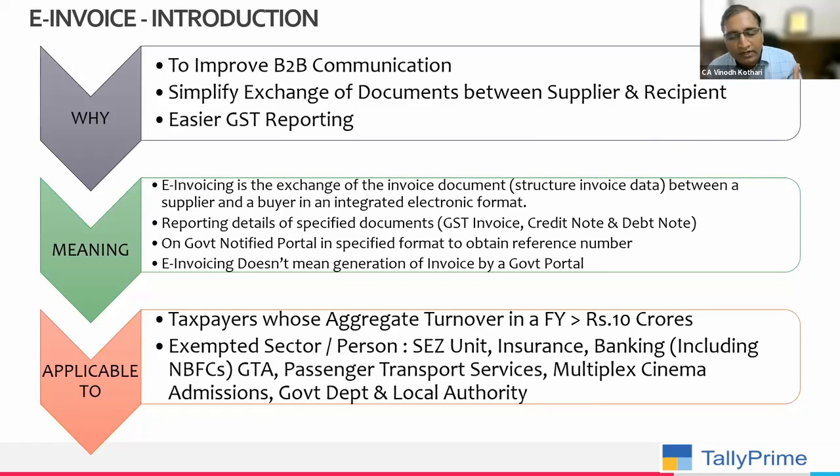I would like to inform that there are almost 12 to 15 websites notified: E-Invoice 1, E-Invoice 2, E-Invoice 3. These websites are already notified, but in the GST notification, only one is in use. As and when the data volume increases, they will say E-Invoice 1 for Maharashtra, E-Invoice 2 for Gujarat, E-Invoice 4 for Tamil Nadu. This way they will split the website and give it to the state-wise portal.